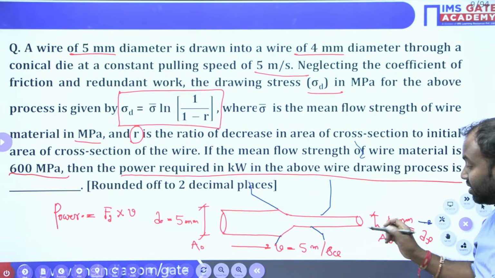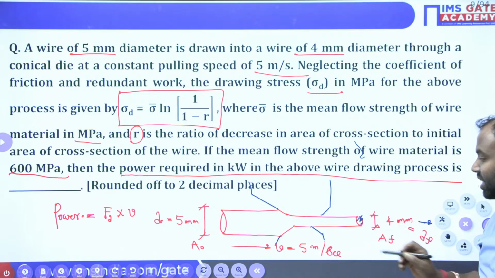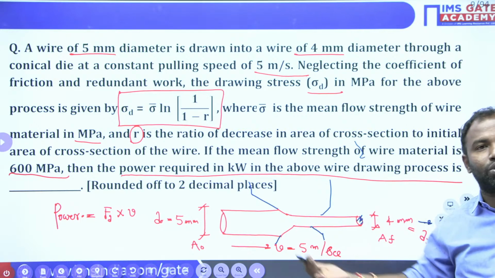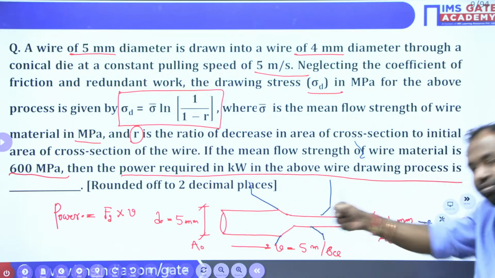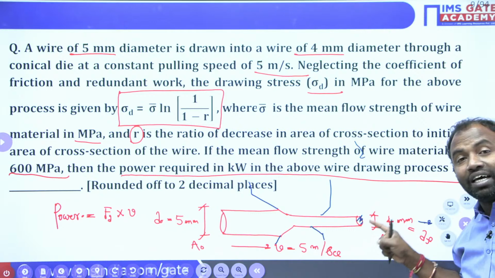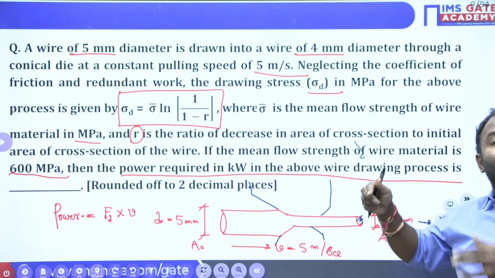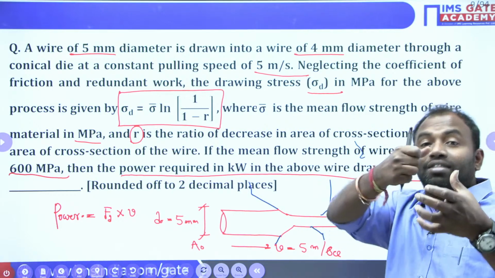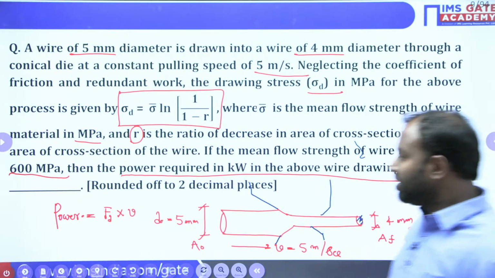So we have to consider this cross section area, drawing stress into this cross section area, so that you get the drawing force. We are applying tensile force in the drawing operation, so we have to consider the final cross section area on which the tensile force is applied, right guys?